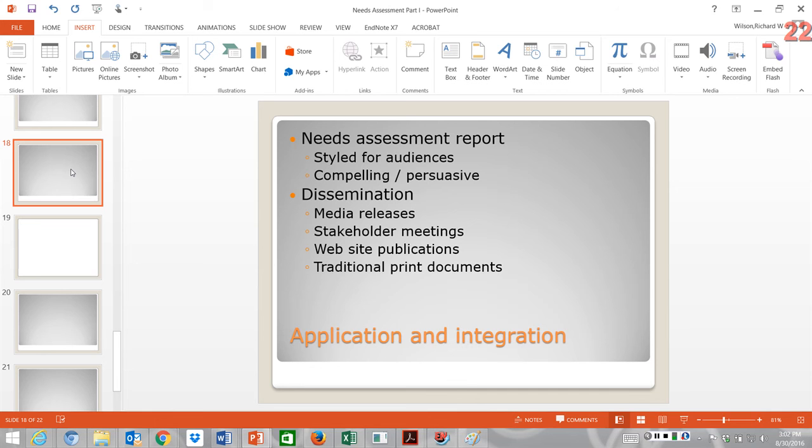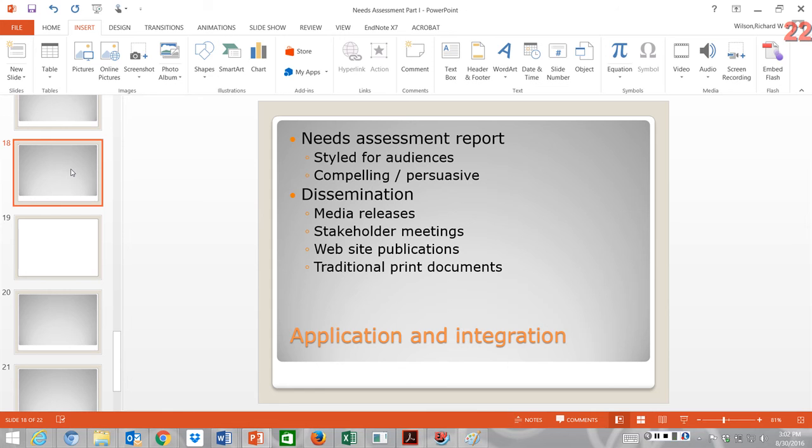And so if we write a traditional published report, a printed report, it has to be written, organized, illustrated, and so forth in a way that resonates with the audience we're serving. We want to try to make a narrative that's compelling, that persuades people that the things that we've identified really do matter, and the intervention that it leads to will make a difference.